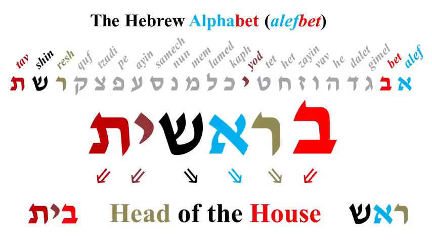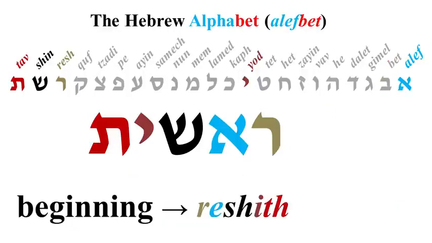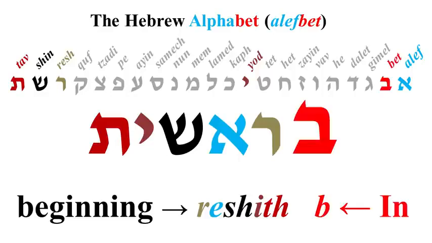And the first word in the Torah that begins with a Resh would be Reshit, which is Bereshit minus the Bet in front. Remember, this Bet that's in front is a prefix, which means in, and then the word Reshit means beginning or first fruits.